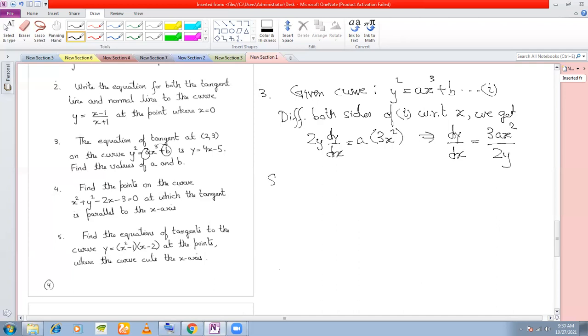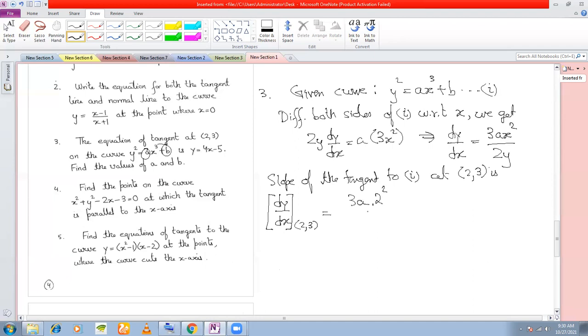Okay, so what is the slope of the tangent at the point of contact? Slope of the tangent to 1 at the given point 2, 3 is dy dx at the point 2, 3, which is equal to 3a into x square divided by 2 into y.